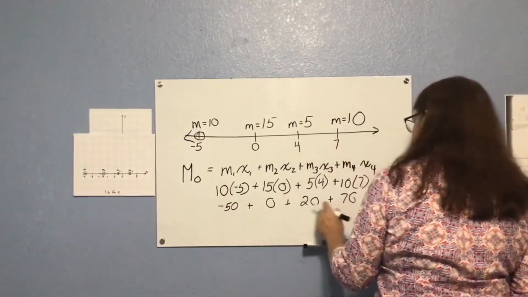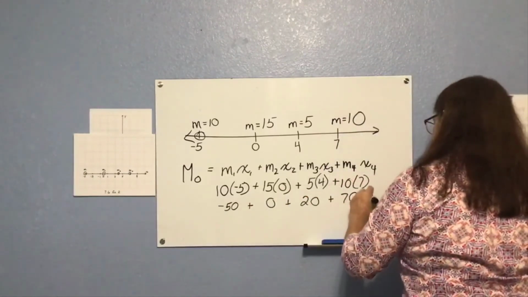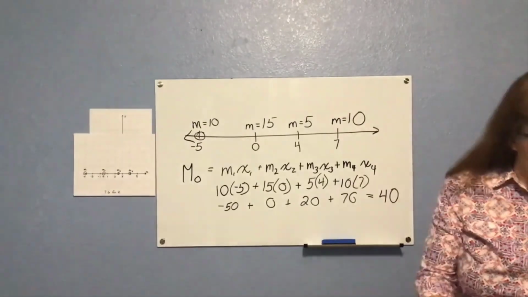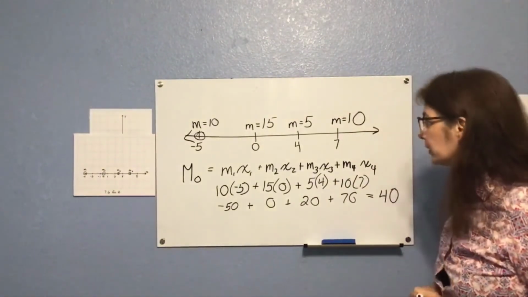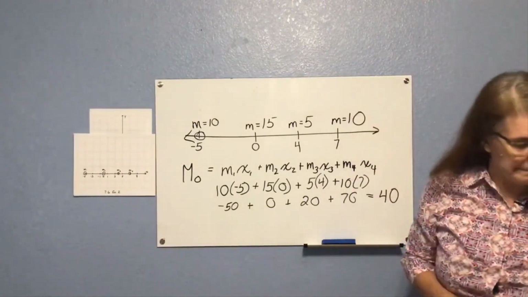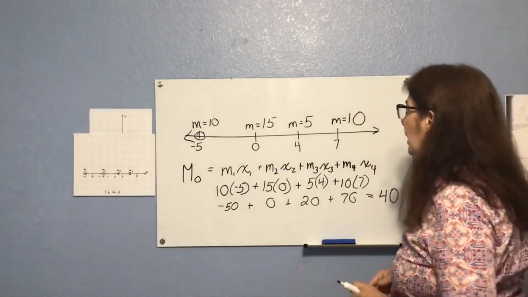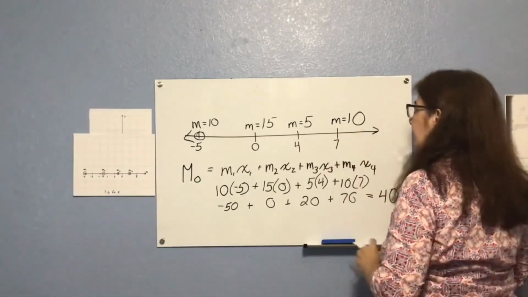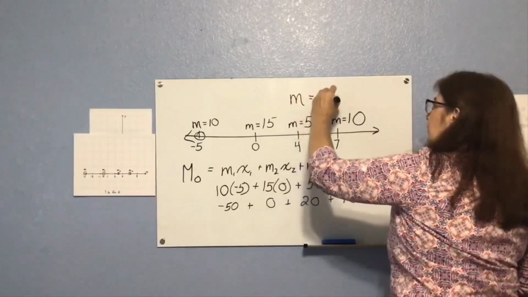So when I add all those together, the positive numbers are 90 minus 50 is going to give me 40. So that's my moment about the origin is 40, which means I'm going to tip this way a little bit. Okay. In this particular problem, if I add up the masses, I got 10, 15, 5, and 10. That's also 40. So the mass of the whole system is 40.